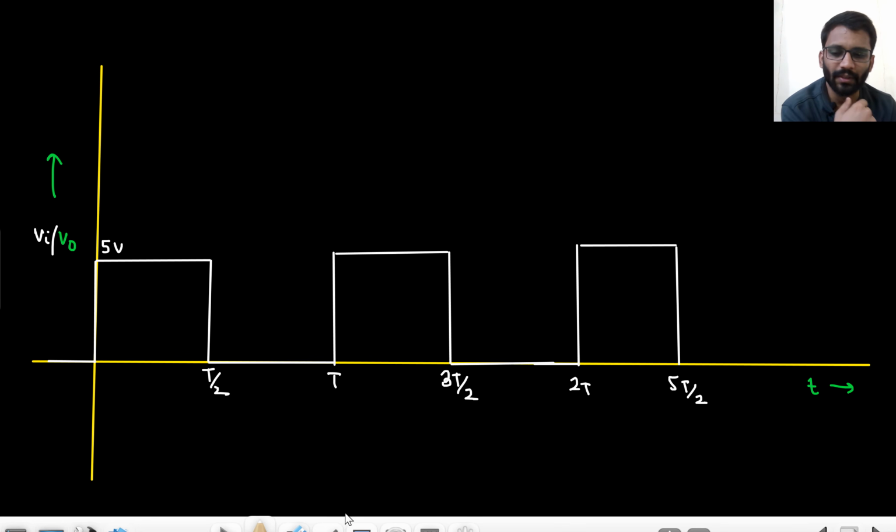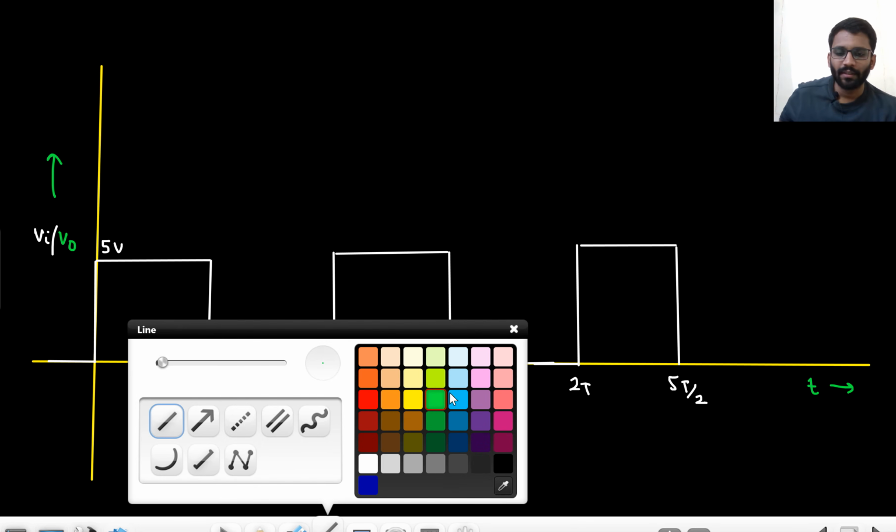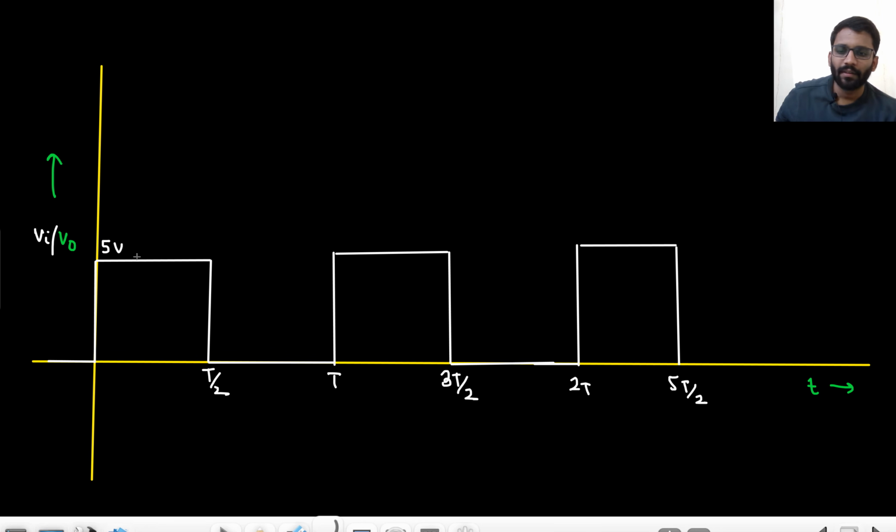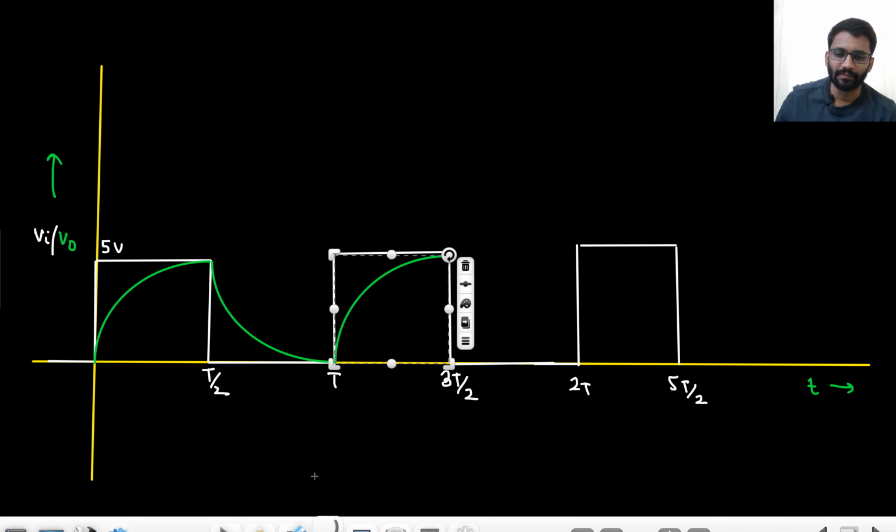This was 5 volt. So what is actually happening? It is charging from 0 to 5, then discharging to 0, then again charging from 0 to 5, then again discharging to 0, then again charging and again discharging, right?